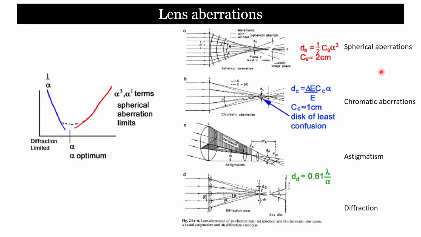So here we have the spherical aberration, the chromatic aberration, the astigmatism, and the diffraction. The spherical aberration is due to the lenses.